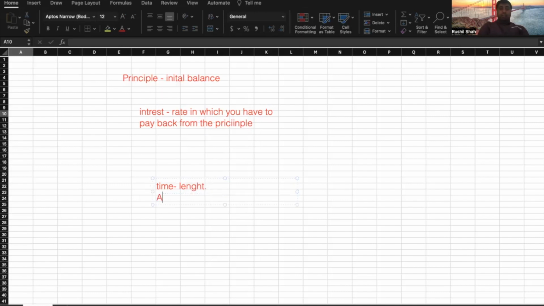And then interest, we're using the APR, the annual percentage rate, which is the annual interest rate, and time is in years.